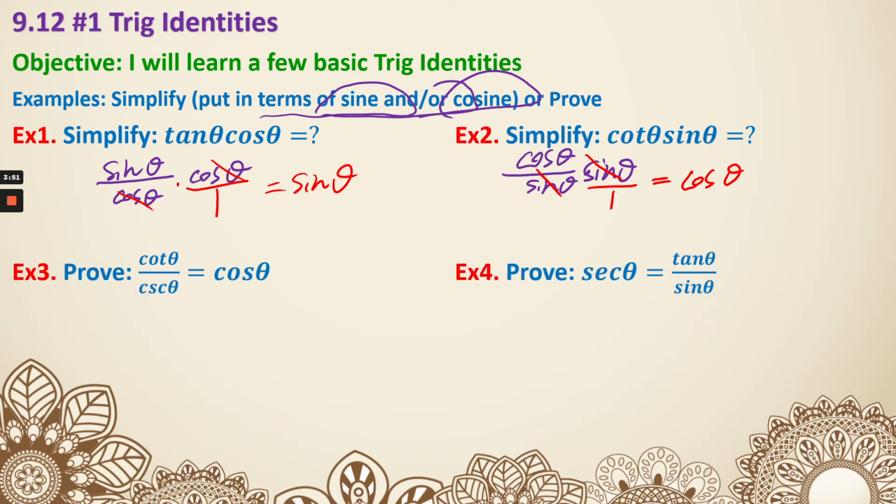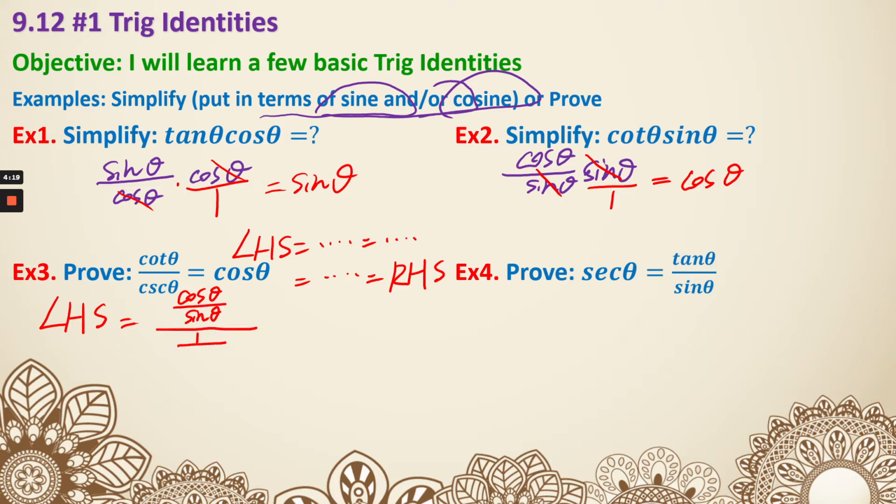Number 3. Now we're going to officially start proving these. One pretty common way to prove is we're just going from left-hand side, equal, then make some more changes, equal, and then eventually going to equal right-hand side. LHS stands for left-hand side, RHS stands for right-hand side. So I'm going to start with my left-hand side, which is cosine over sine, the whole thing over 1 over sine. These do require you to know about cotangent and cosecant.